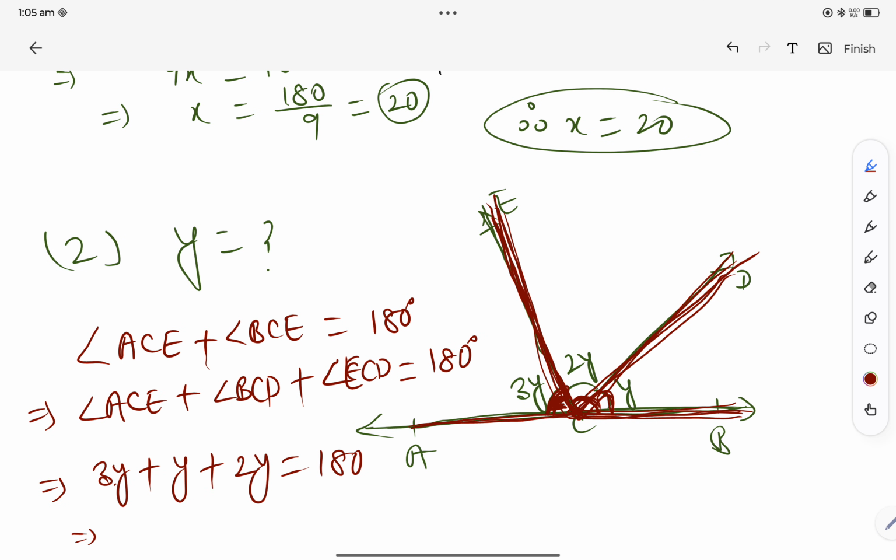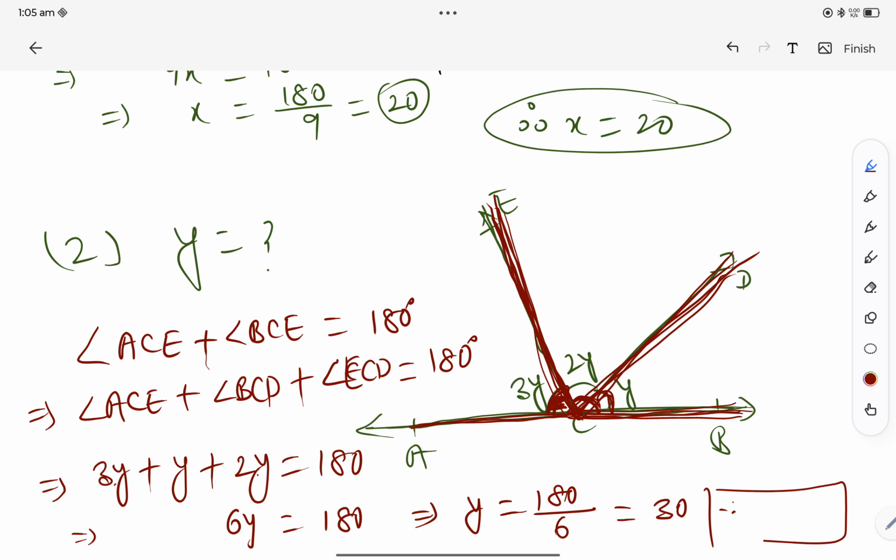Now 3y plus 2y, 5y plus 1y, 6y is equal to 180. Now divide both sides by 6. So you get y is equal to 180 over 6. So it is 30 degrees. Hence the value of y is 30.